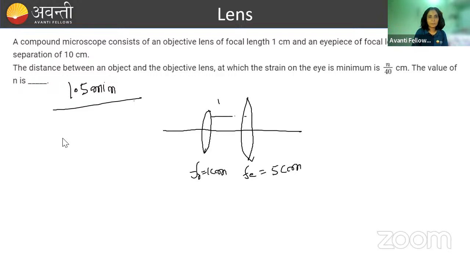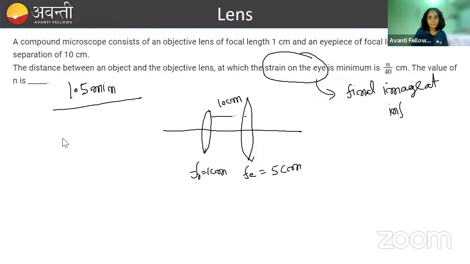Now, the distance between object and objective lens at which the strain on the eye is minimum is asked. If the strain on your eye is minimum, it means what? Look, this point here is very significant. It tells that the final image is getting formed at infinity. Final image at infinity. This is what we have to learn from here.